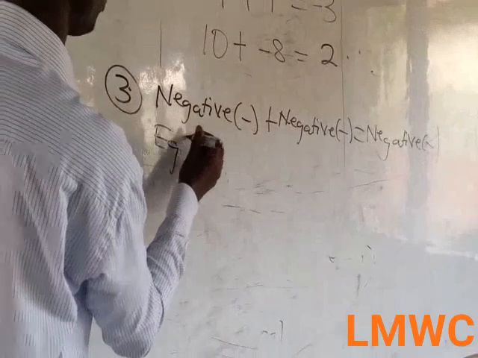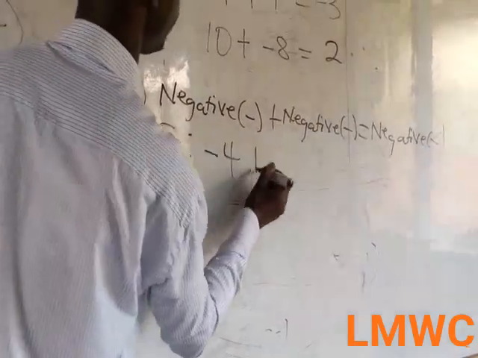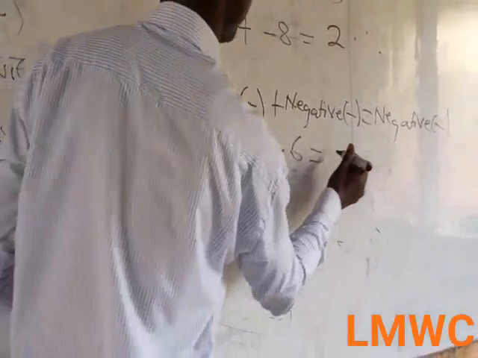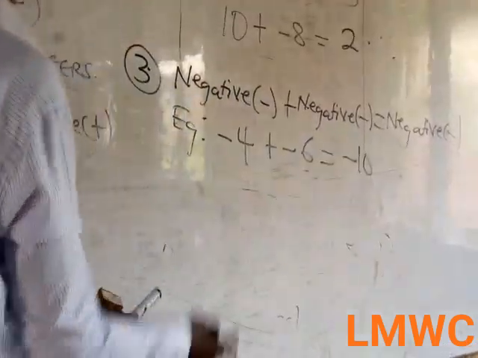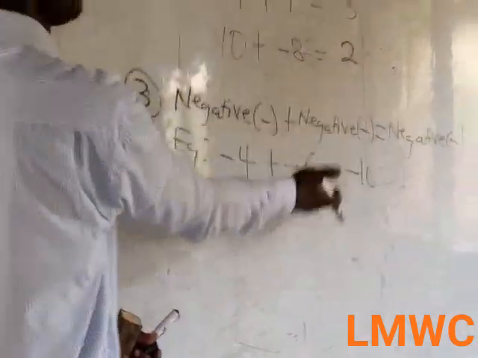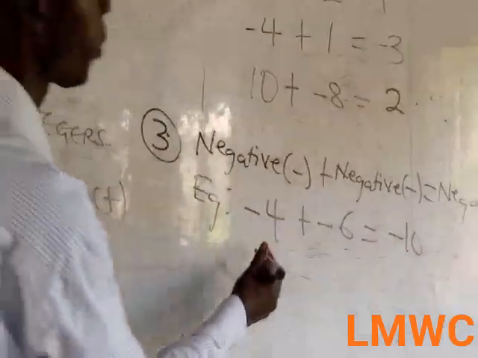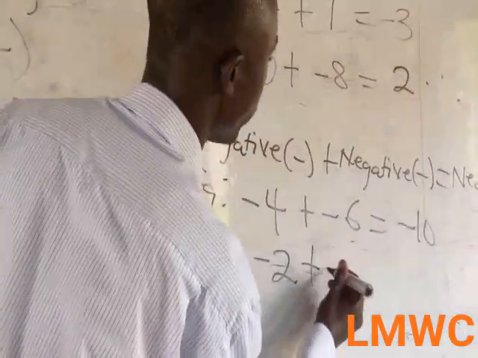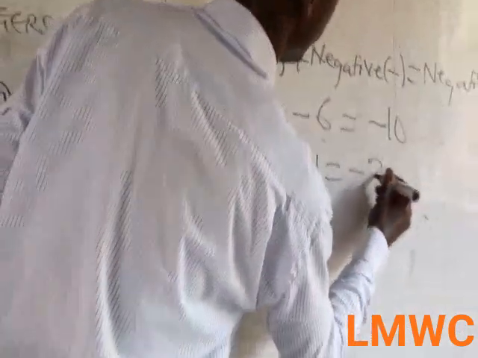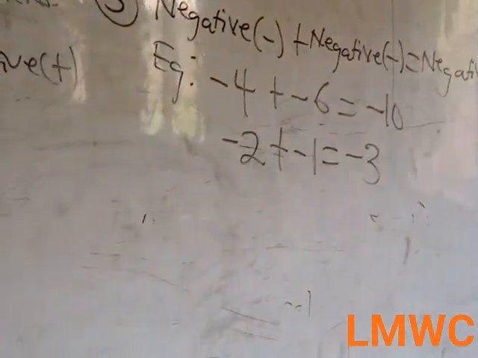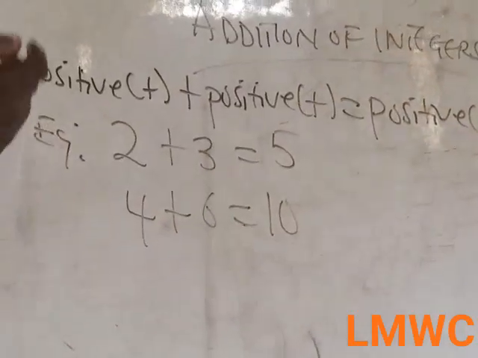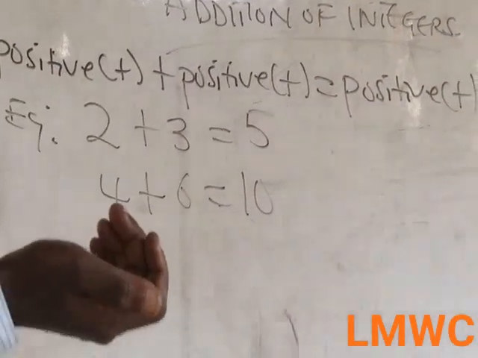Example, I'll give you negative 4 plus negative 6. We have negative 10. Because you owe someone 4, you are still owing 6. Once you sum it up, it is still negative. Negative 2 plus negative 1, we have negative 3. So you should know this under addition of integers.